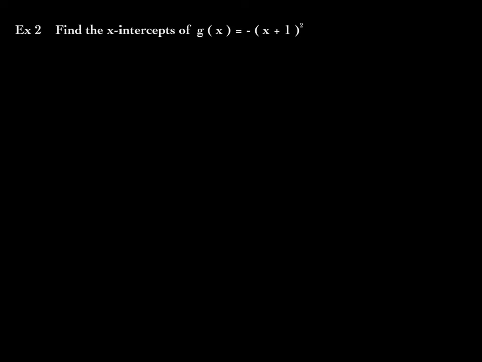So I have negative x plus 1 quantity squared set equal to 0. I'll take this time to remind you why I set it equal to 0. In order to find the x-intercepts, this is what we wrote down a little while ago: we plug 0 in for y. Now y is exactly what g of x represents.